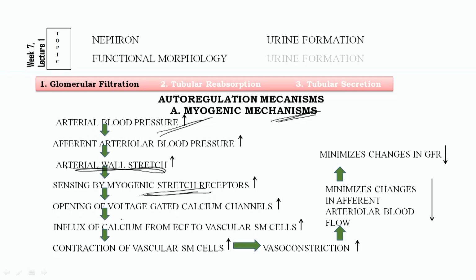They cause the opening of voltage gated calcium channels, causing influx of calcium from the extracellular fluid into the vascular smooth muscle cells, causing vasoconstriction. That results in a decrease in the GFR. So whenever increased blood pressure causes increased GFR, the autoregulatory mechanisms come into play, and that triggers the myogenic stretch reflex.